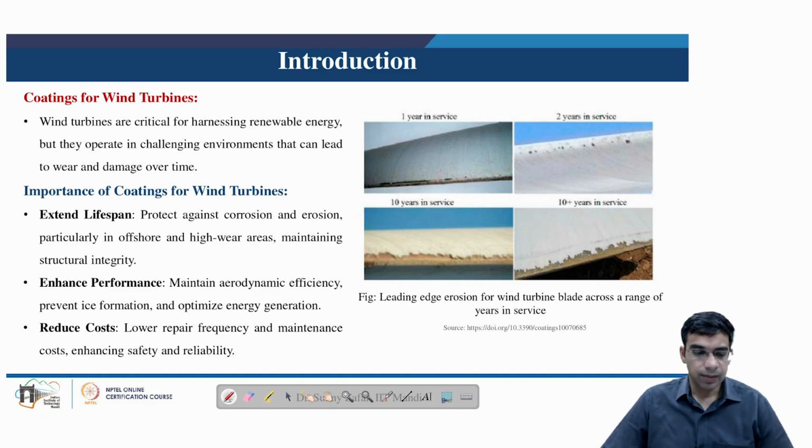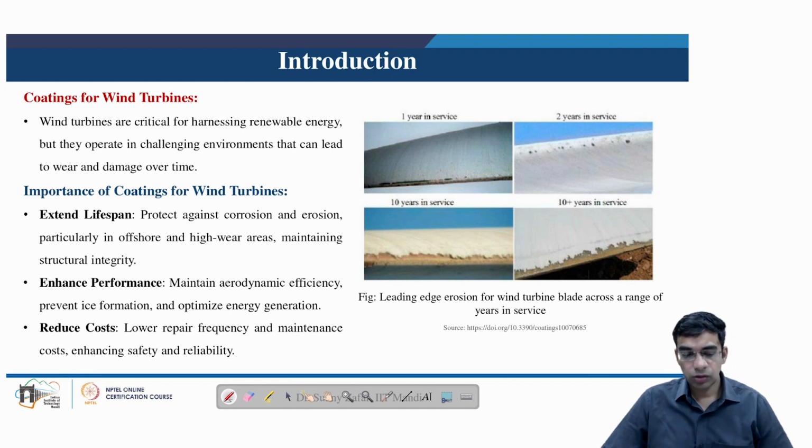So we can see the importance of certain coating materials which are applied on wind turbine components. These coatings help to enhance the lifespan. They protect against corrosion and erosion, particularly in offshore and high wear areas, thereby maintaining the structural integrity of the wind turbine components.